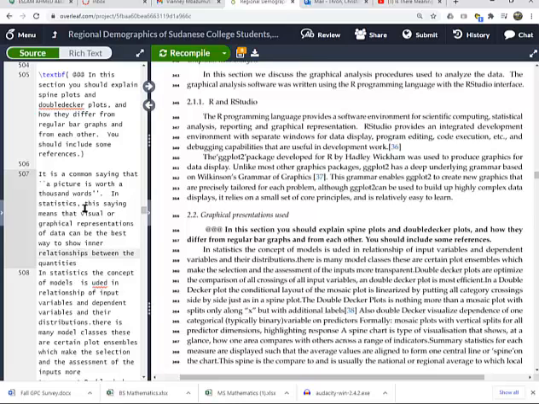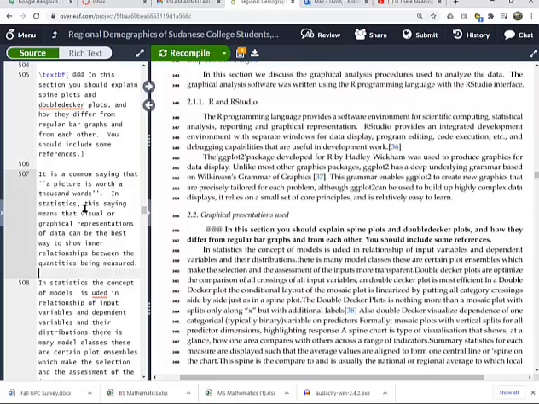Well, let's see. Okay, so I may change this to between the quantities being measured.